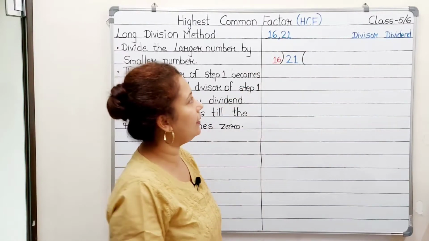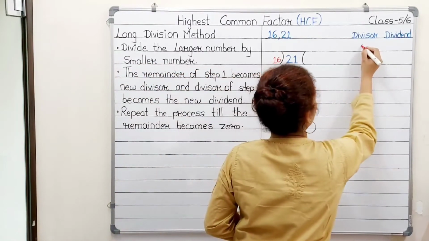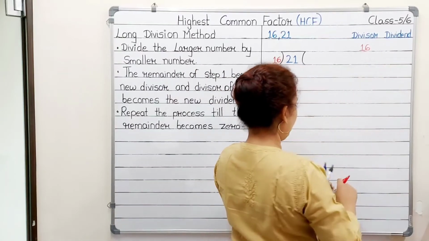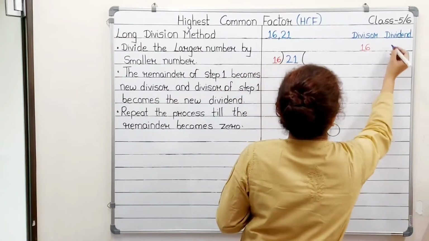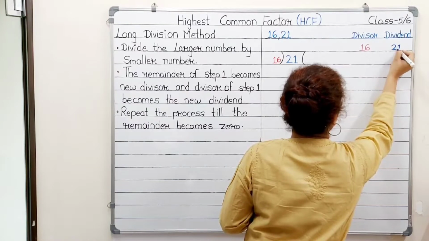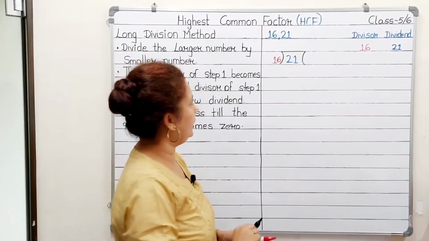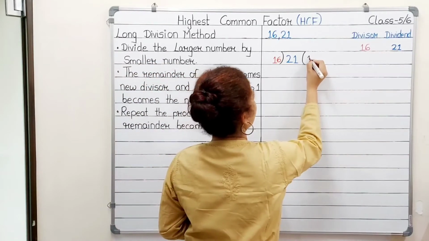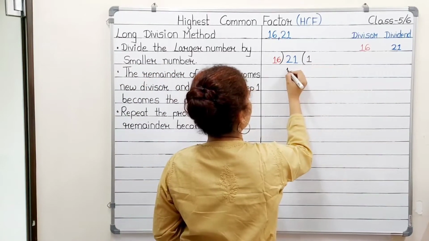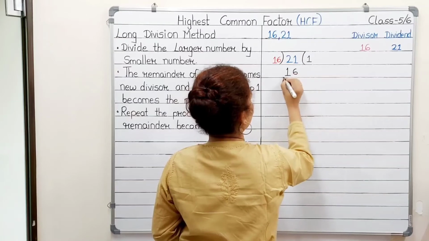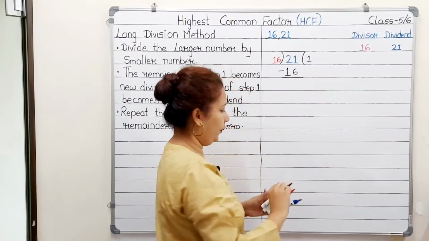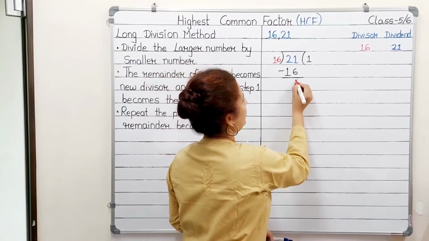So 16 becomes the divisor. And 21 will be the dividend. When we divide 21 by 16, we get 5 as the remainder.